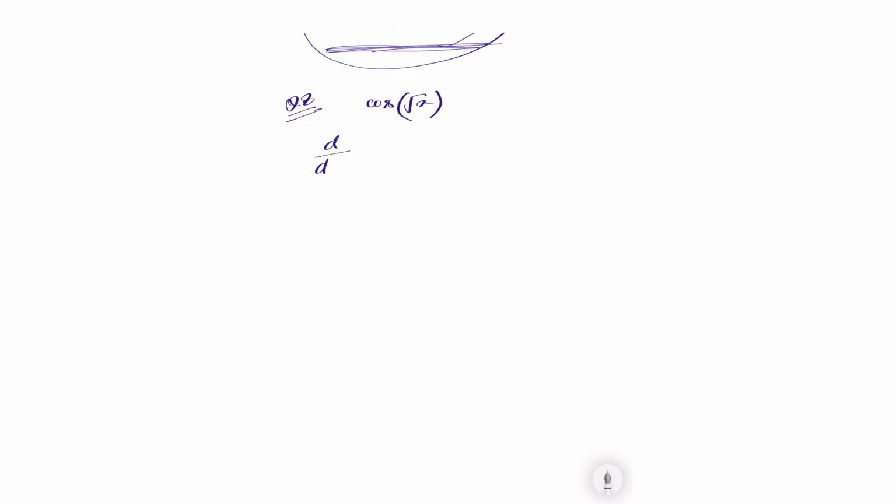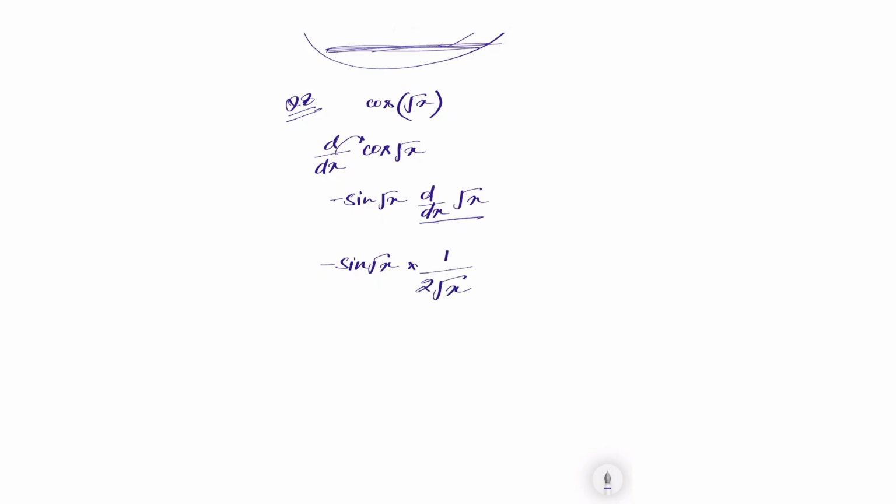Very simple. d dx of cos under root x. First apply over cos. Cos will become minus sine root x. Now apply over second gate, that is root x. So minus sine root x, d dx of root x will be 1 by 2 root x.